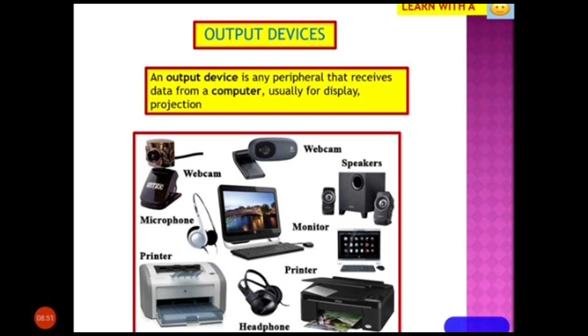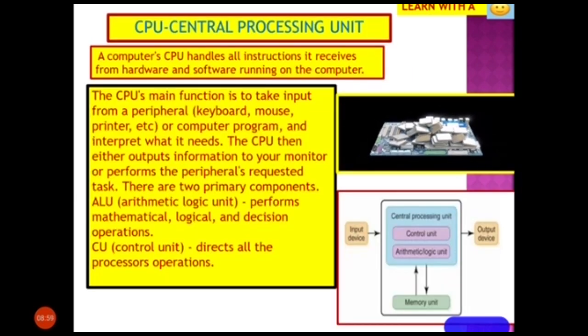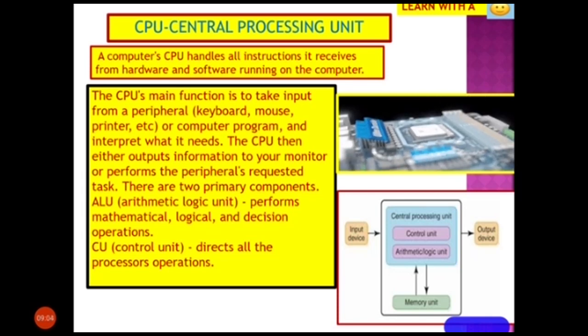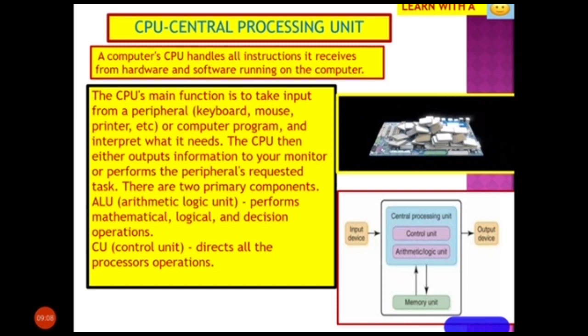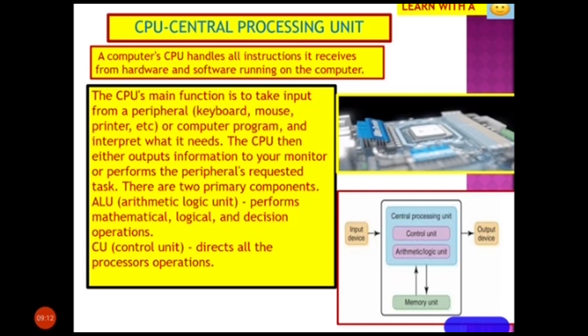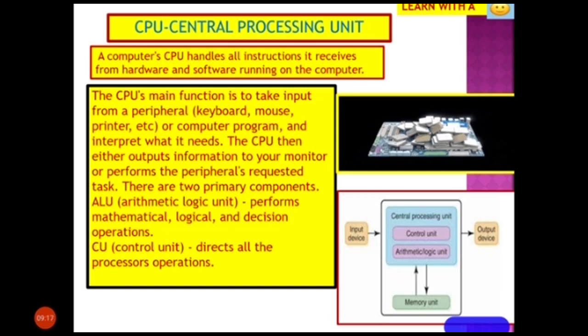Input, output, the extreme points have been dealt with. What is in between? In between is the CPU or the central processing unit. Right? The CPU handles all the instructions it receives from hardware and software. And what does it do? It takes the input, it interprets or processes it, then it gives the output to your monitor.